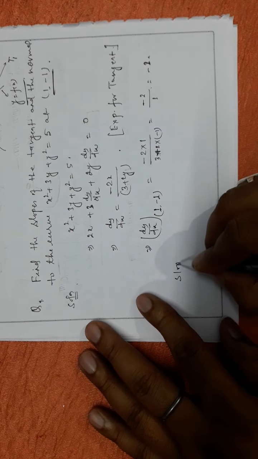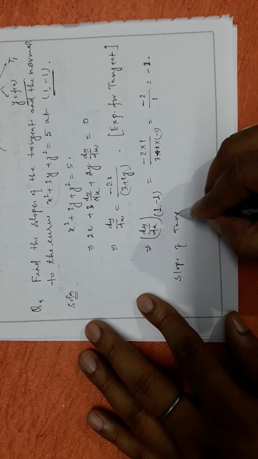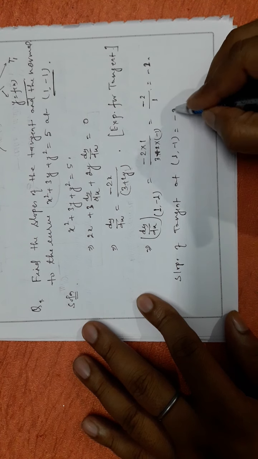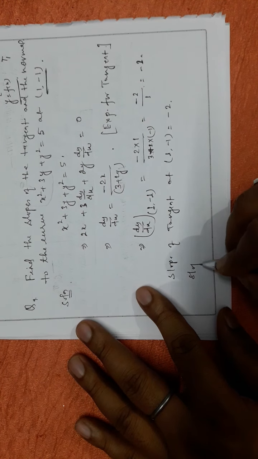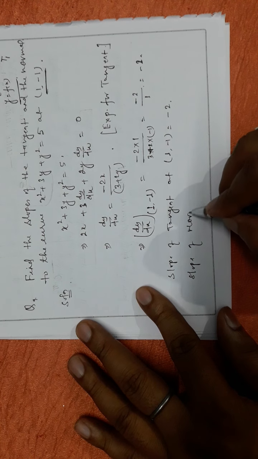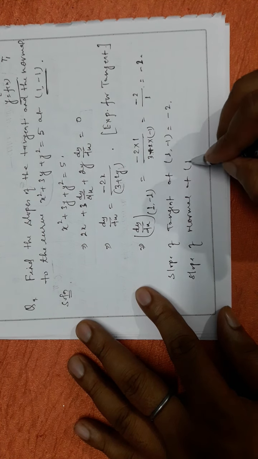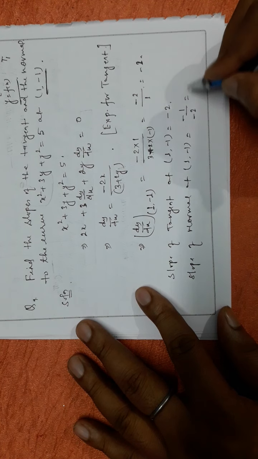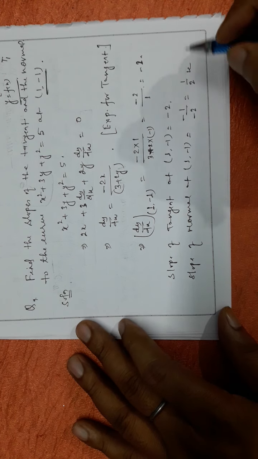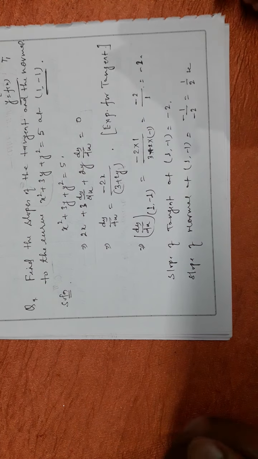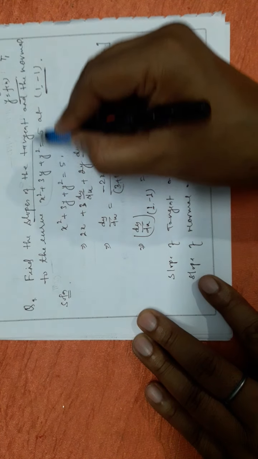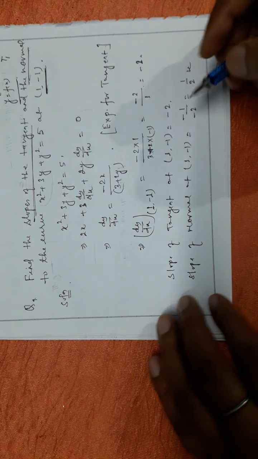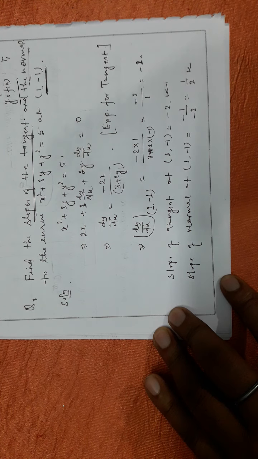You have to say the slope of tangent at (1, -1) is minus 2. Next, the slope of normal at point (1, -1) is given by the negative reciprocal of the slope of the tangent, that means 1 by 2. So we have seen how to get the slope of tangent and slope of normal at point (1, -1). The answer is minus 2 and 1/2.